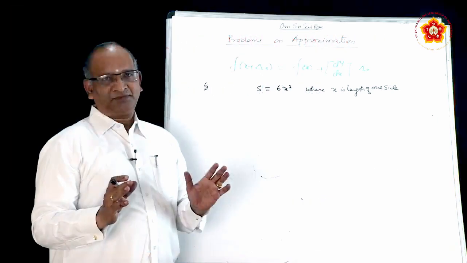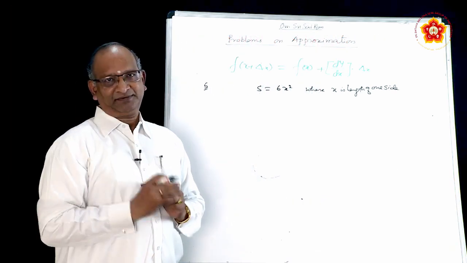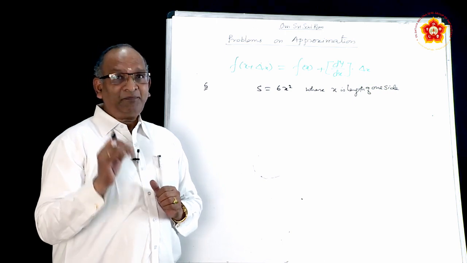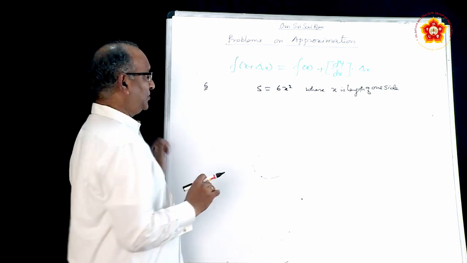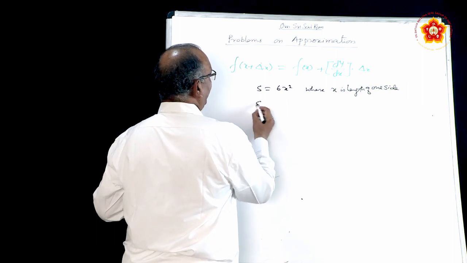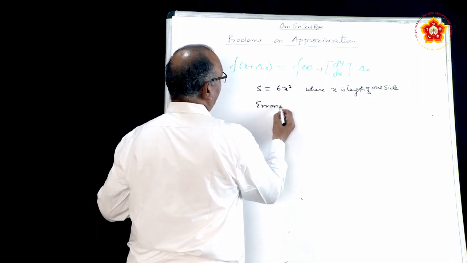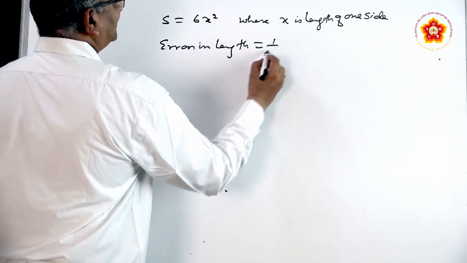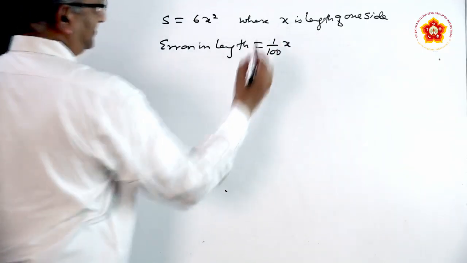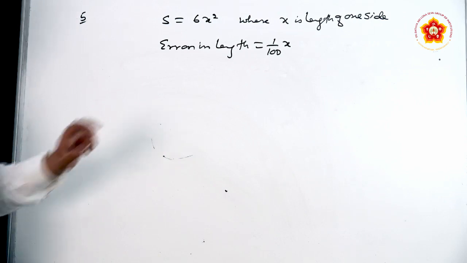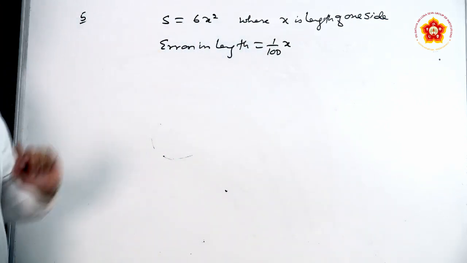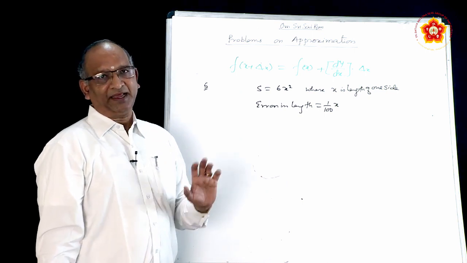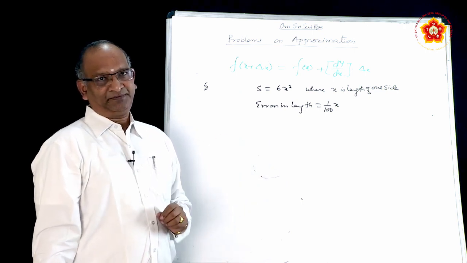While measuring, there was an error of 1%. Delta x is how much? 1% of x. So, the error in length is 1% of x. When you have a 1% error in the length, how much will it affect the surface area? That is our question.